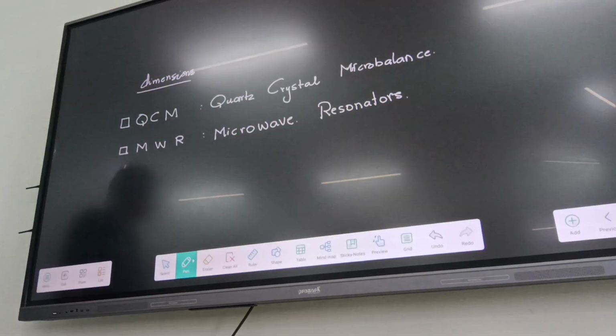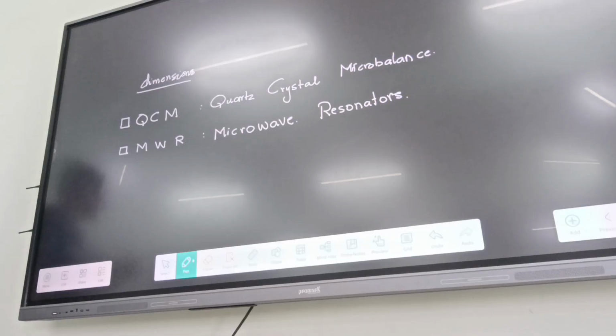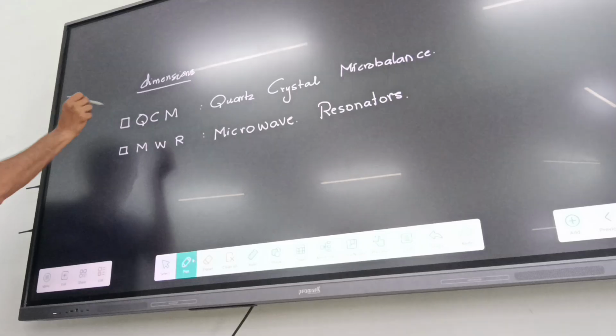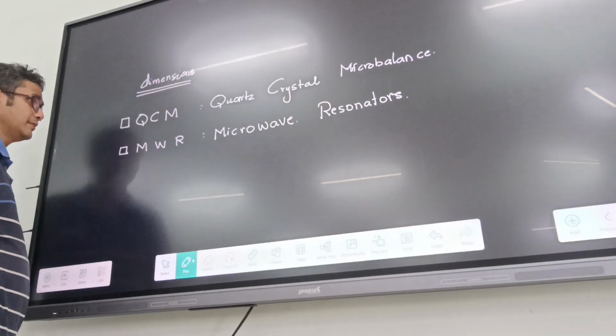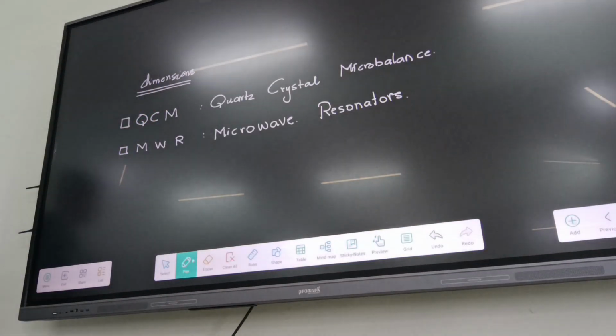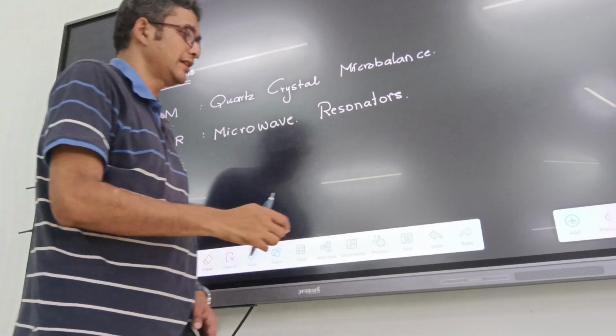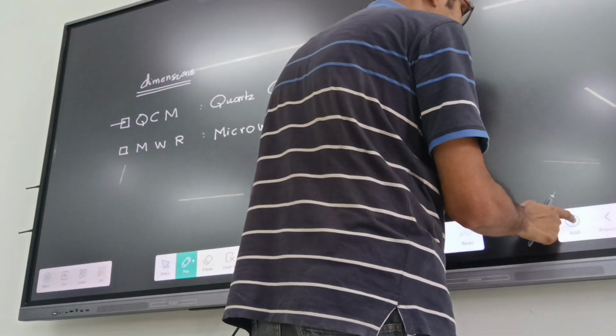There are two different types of systems which are used in sensing devices. Okay, and in both these cases the dimensions of the system have a role to play. So we'll first start with QCM. What is QCM basically?